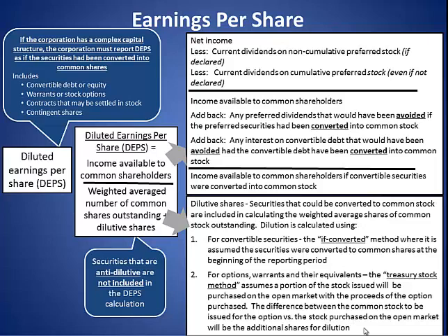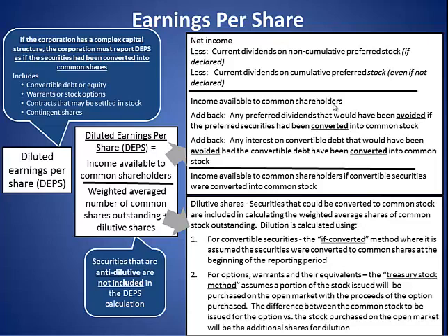Now the calculation on the income available to common shareholders is a little more complex. And we start out again with our net income, and then we're going to subtract out any current dividends on non-cumulative preferred stock or current dividends on cumulative preferred stock, even if they're not declared. And that's the first step of our income available to common shareholders.